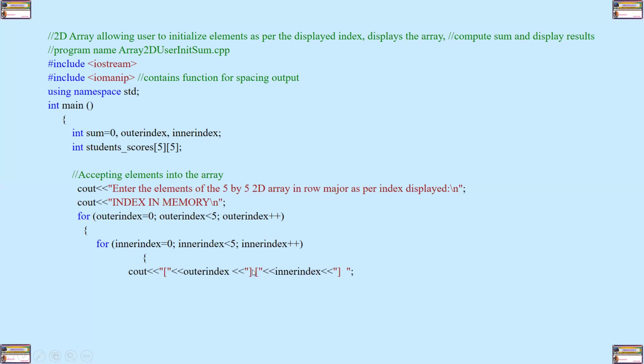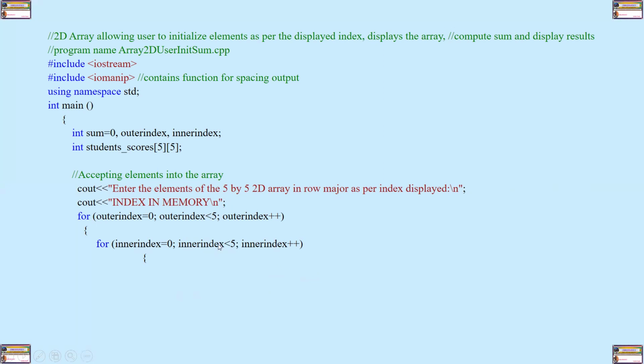So in this case, the first one will be 0, 0, because outer index is 0 and inner index is 0. Then prompt the user to enter a value, which will be entered in the memory location called students scores at index 0, 0. Once that is done, increment the inner index to 1.